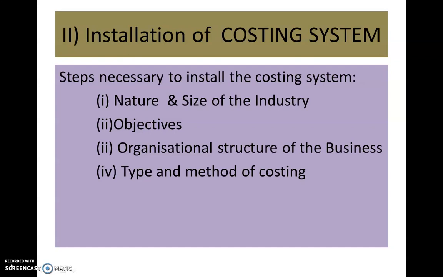And for the purpose of cost control, an appropriate technique is to be introduced. That is standard costing or budgetary control or any other appropriate technique. So depending upon the nature of the industry, the particular type or method of costing we are going to adopt should be decided.